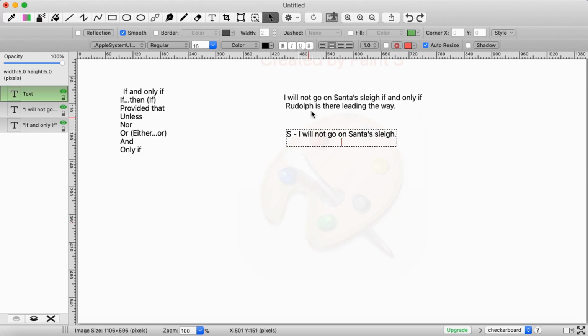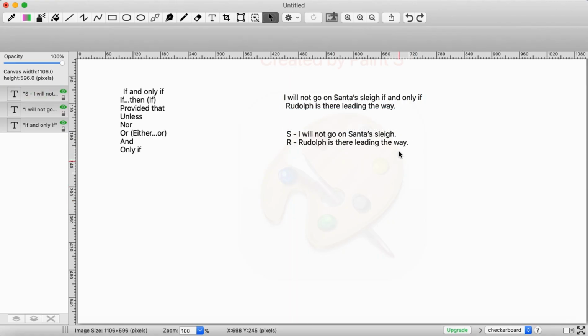Remember the last video? Go watch the first video on logic and philosophy to understand how to go from something like this to these statements, how to make them into variables. And then R stands for Rudolph is there leading the way.